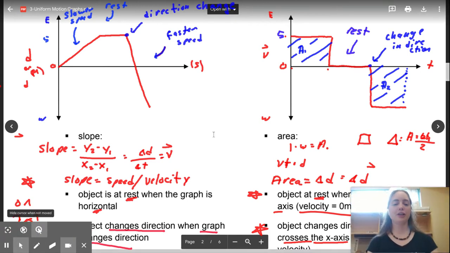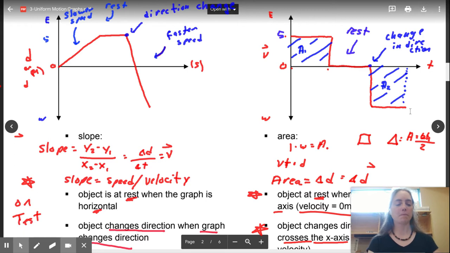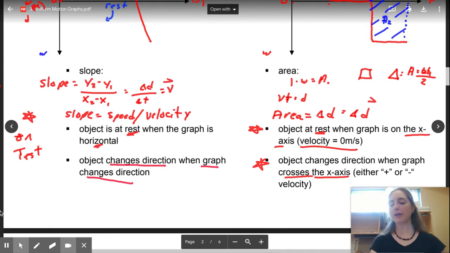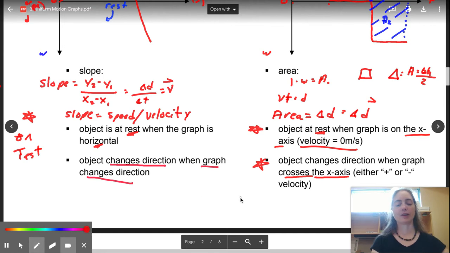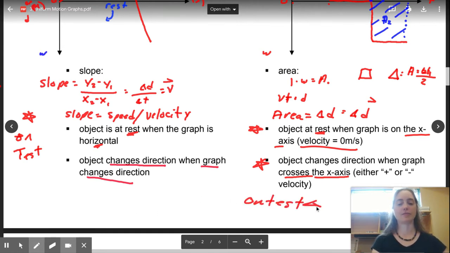So, ladies and gentlemen, we're going to write another piece here on test. You 100% guaranteed need to know this stuff. You are going to see graphing questions on your first assignment. You are going to see graphing questions on your first quiz. You're going to see graphing questions on your unit test.